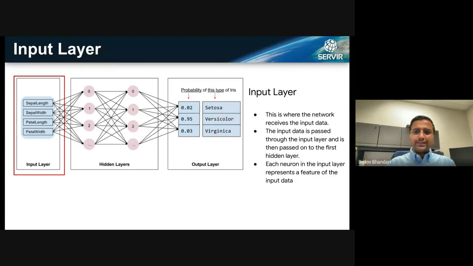But once the input layer goes into the network, it's then passed to the first hidden layer. And each of these, even the input layer, has neurons in it. So each neuron in the input layer represents some form of features, as we saw before.